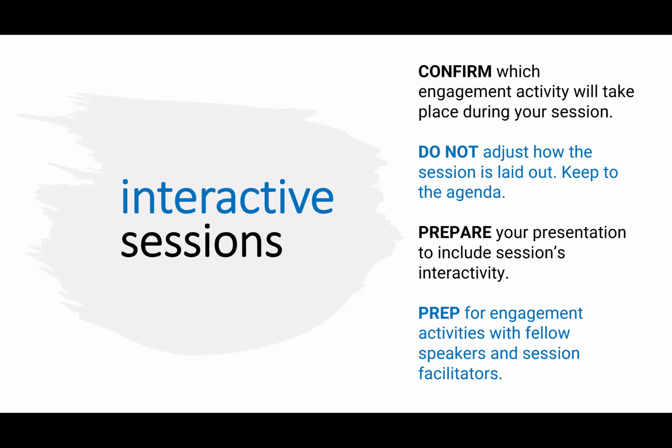So please make sure you keep to this activity as it is what the audience will be expecting. They've read the description, they look at it, they say, oh, it's going to be a panel discussion or it's going to be a facilitated discussion. And then they come in. If it's something else, it's a little disorienting for them. So make sure you keep to the activity that is listed in your session's description.